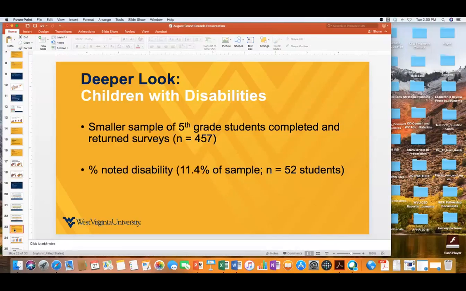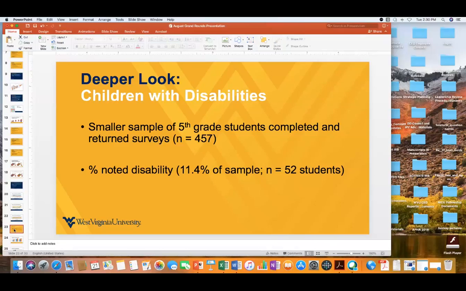Okay. So from our deeper dive, our questionnaire, we have a much smaller sample. From the 20,000 plus kids screened, or actually in 5th grade it's about 70,000, we had 457 who completed that survey. So just know that. That is a limitation.